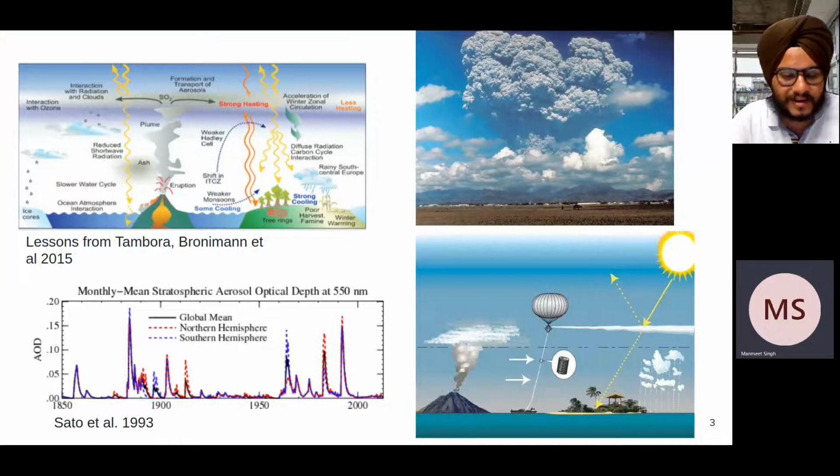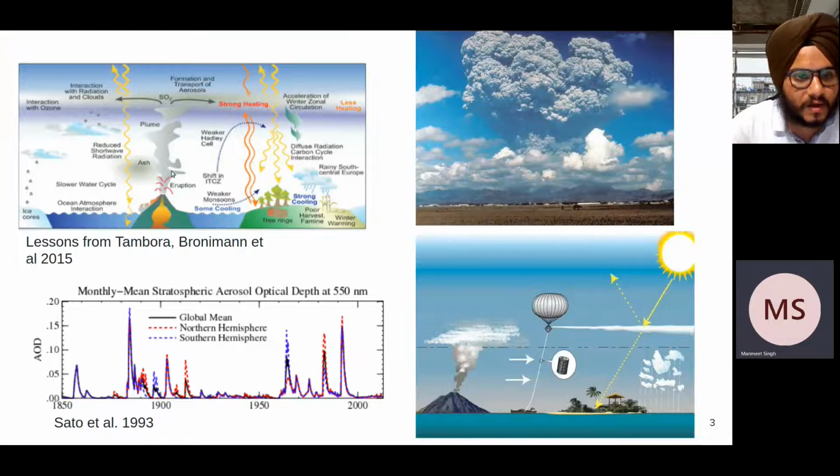So, first of all, giving some brief introduction or motivation. Large volcanic eruptions have been proposed to be analogs of solar geoengineering experiments, which are aimed at halting the warm temperatures on Earth due to increased greenhouse gas emissions, temporarily for 1 to 2 years.